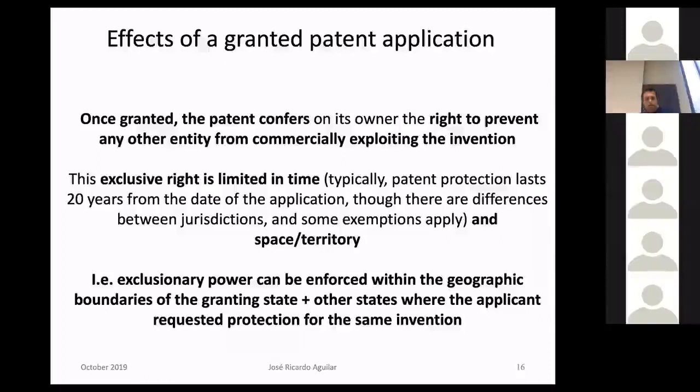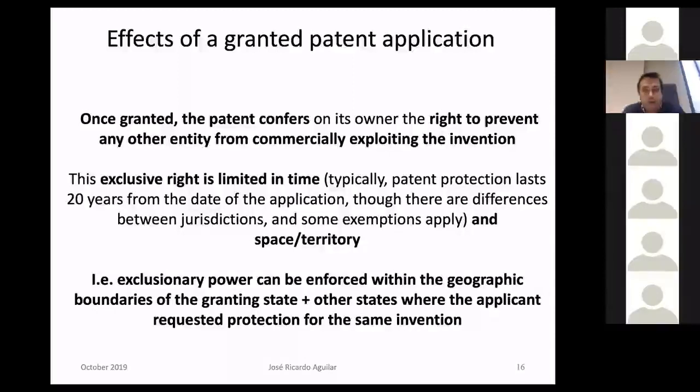So if we are, for instance, an Italian company, if we apply for protection only in Italy, anyone can perform that invention elsewhere. Of course, not entering again into the Italian market, but they can perform the invention elsewhere without paying you anything.